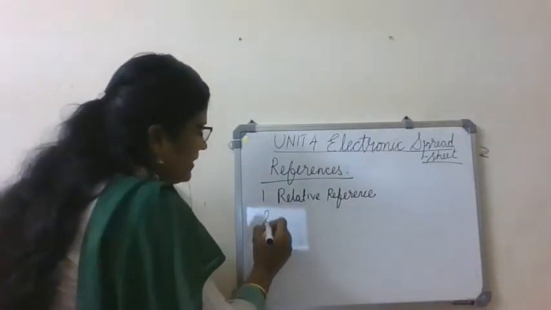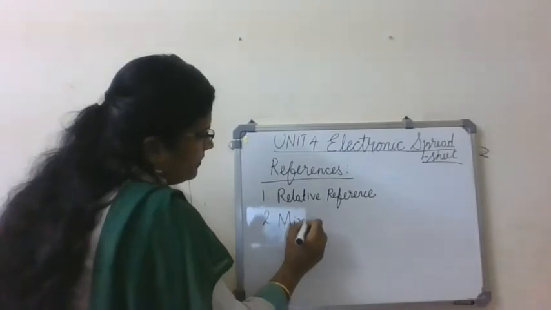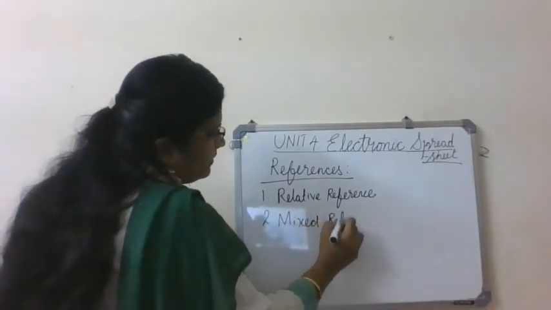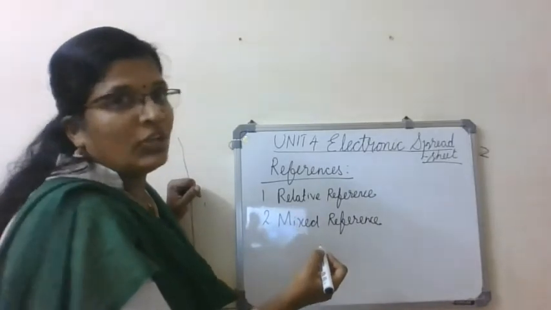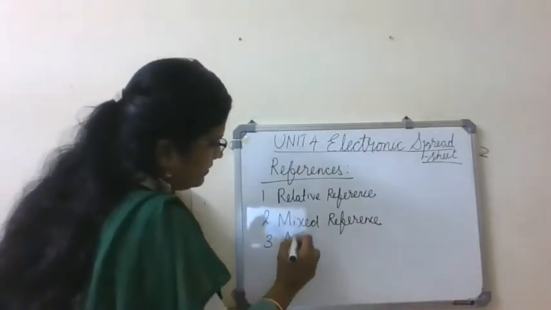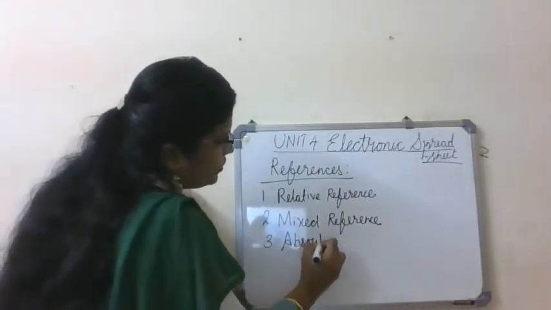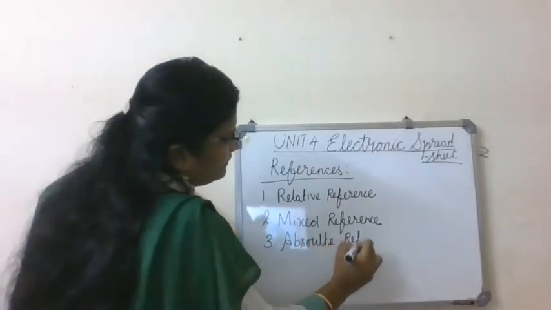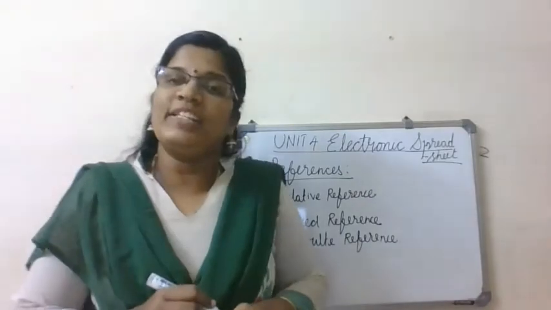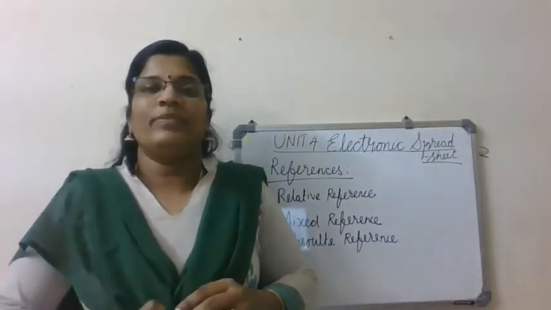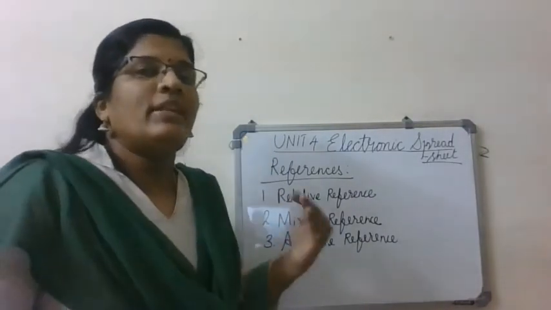The second one is mixed reference. The third one is called absolute reference. These are the three types of references. Got it? Let's see them one by one.